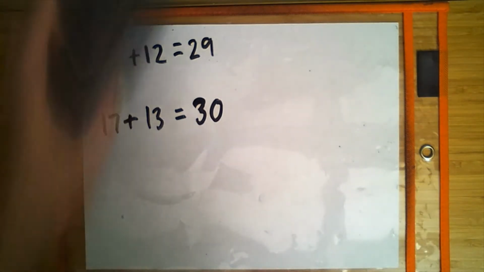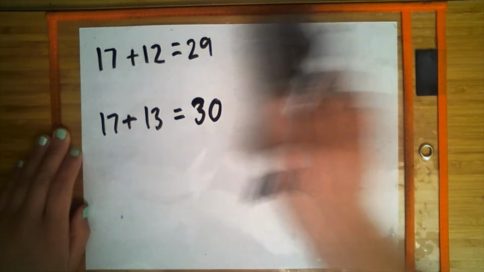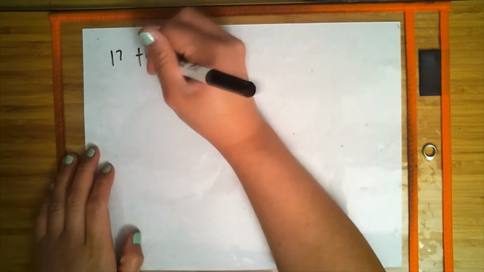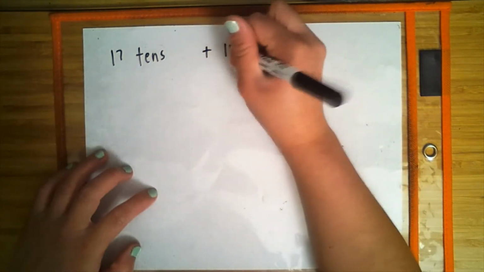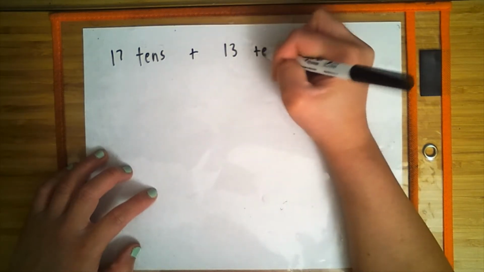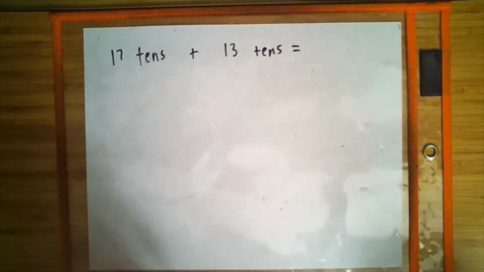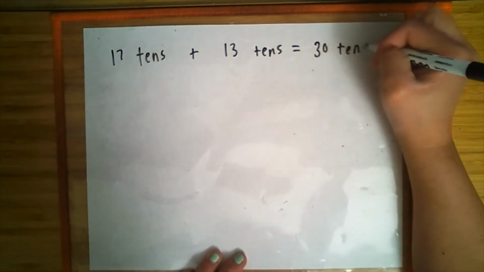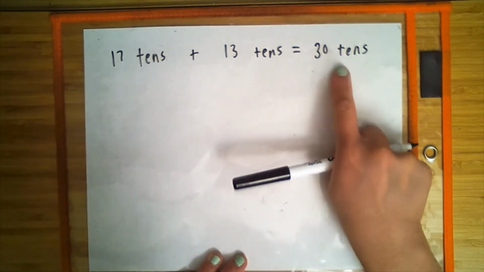Now, let's move on to the next part. 17 tens plus 13 tens is equal to 30 tens. What is the value of 30 tens?